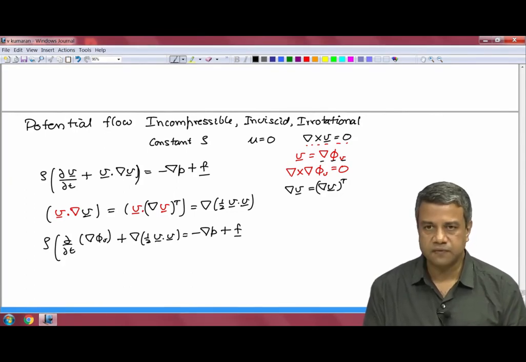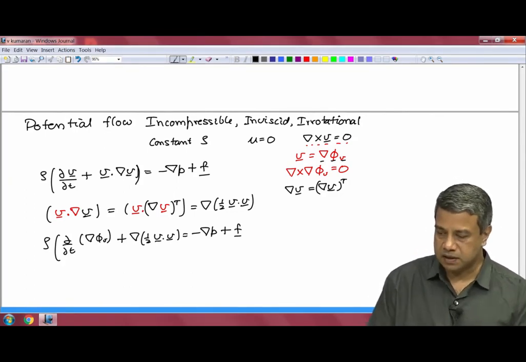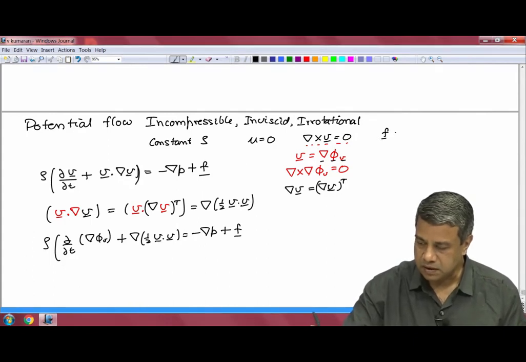And if the force F is conservative, then it can be written as the gradient of a potential. F is equal to minus the gradient of a potential.